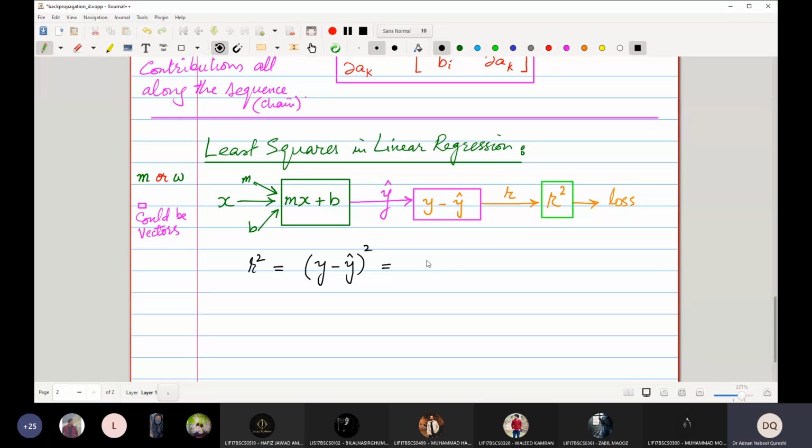This is equal to y minus mx plus b squared. G. So this becomes our loss function. You're all familiar with this. Let us not waste too much time on something you have already seen multiple times. इसको थोड़ा सा छोटा कर देते हैं so that it stays here.